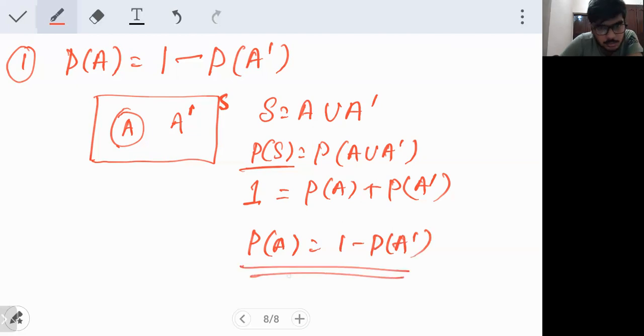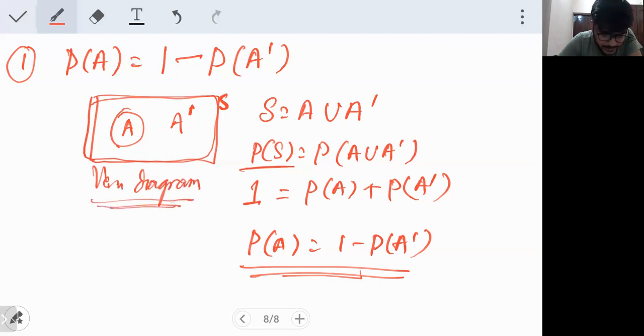So this is what we had to prove. This is the theorem. It's a very simple theorem. We can explain it using this Venn diagram. If you are not familiar with the Venn diagram, please Google it and you will easily understand what a Venn diagram is. It is basically a tool in set theory.